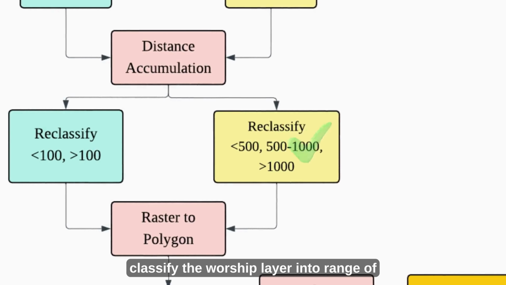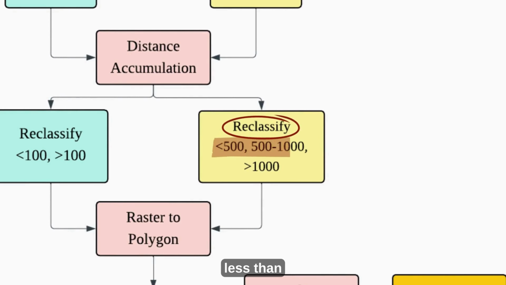We classify the worship layer into range of less than 500, 500 to 1000 and more than 1000.